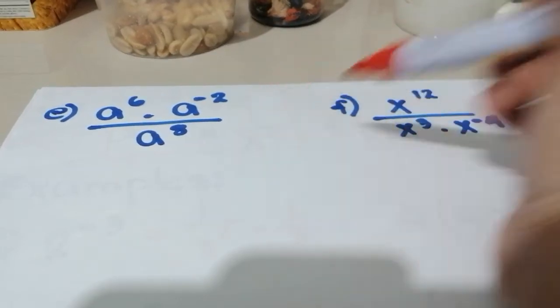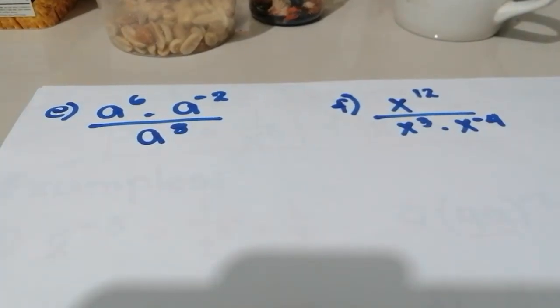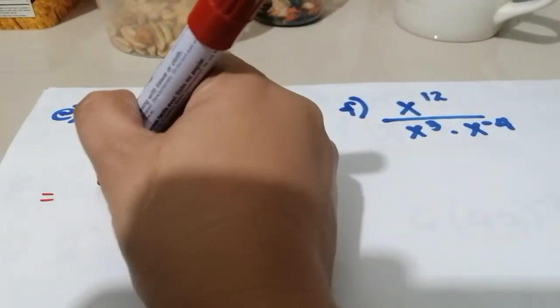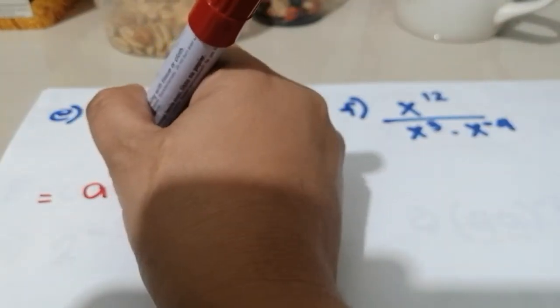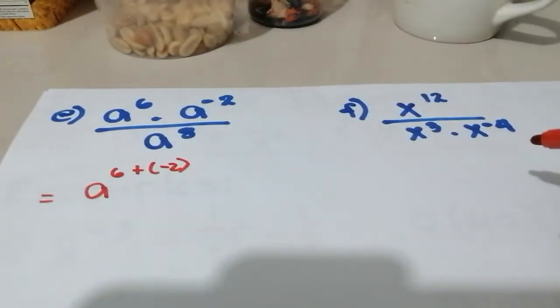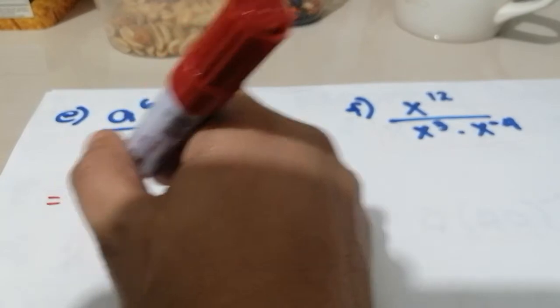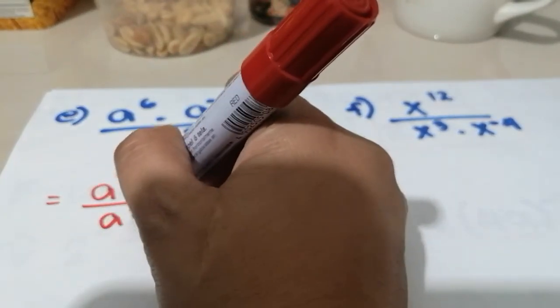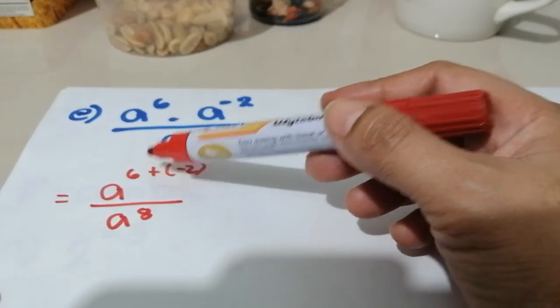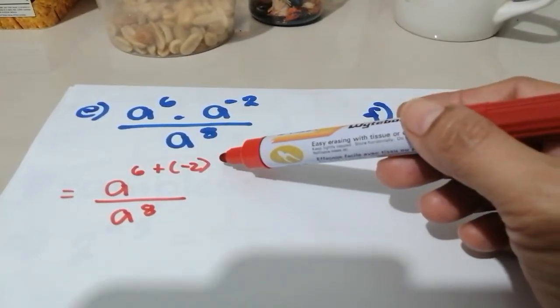Okay? At ang product rule states that you have to copy the bases and then after, add the exponent. So, ang mangyayari dito, that will be a and then 6 plus negative 2. Okay? And then next, over a raised to the 8th power. But in here, 6 here is positive and here the 2 is negative.